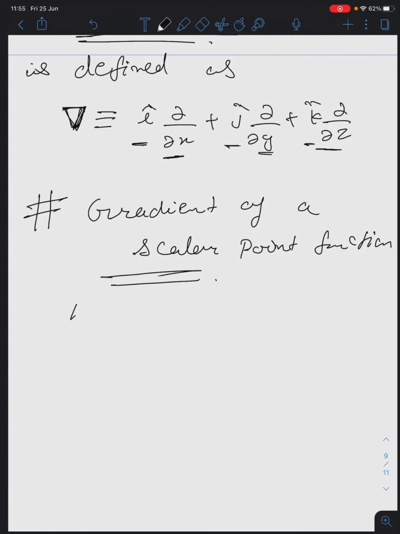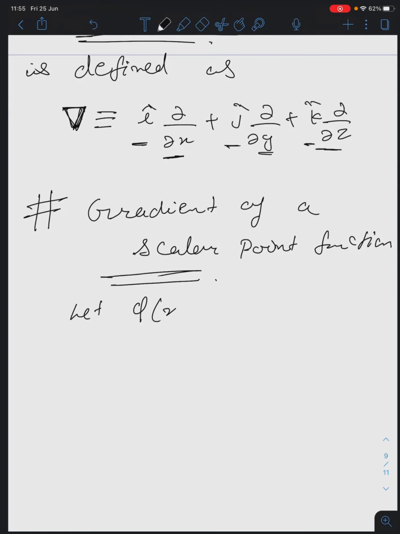We are going to take a scalar function and apply this operator in a certain manner, and that result is called the gradient of that function.